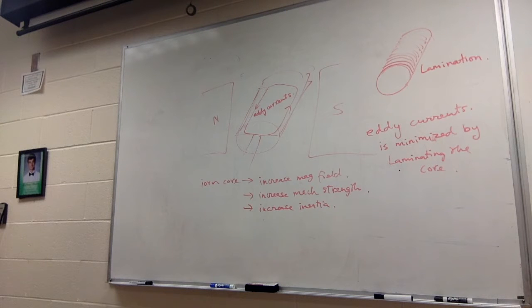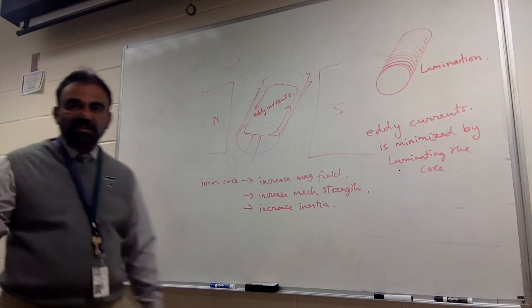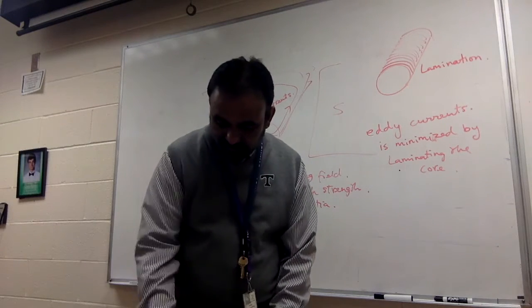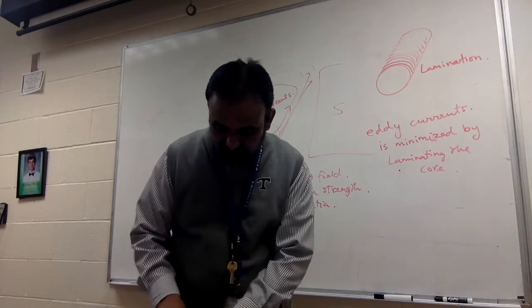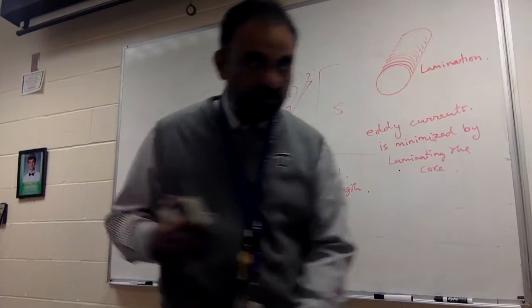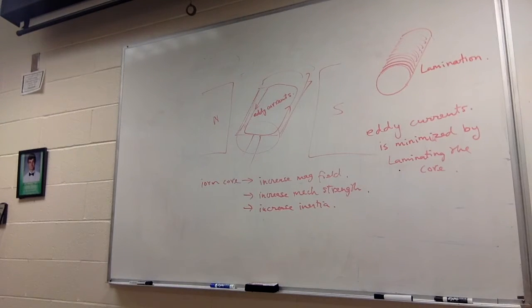Can you see it's made up of sheets? I'll pass this around. You can see how they have made it into laminates and stacked them together, and you can see the little pieces of material.